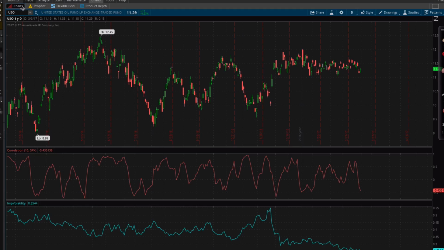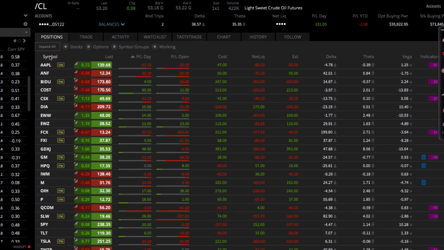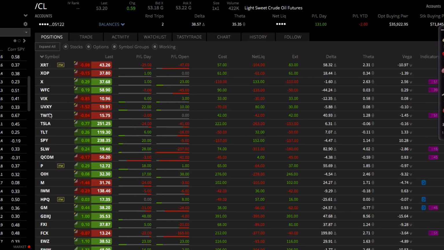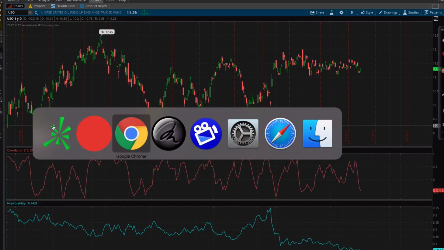I was on this profit tab for some reason, so I just went back to the chart tab. Look at its correlation, it's kind of all over the place. Its implied volatility is ultra low. I don't think I have anything in USO right now. Let me take a look at my positions. Yeah, I don't have anything in USO. Implied volatility is low, so it's unlikely I'm going to be doing anything.